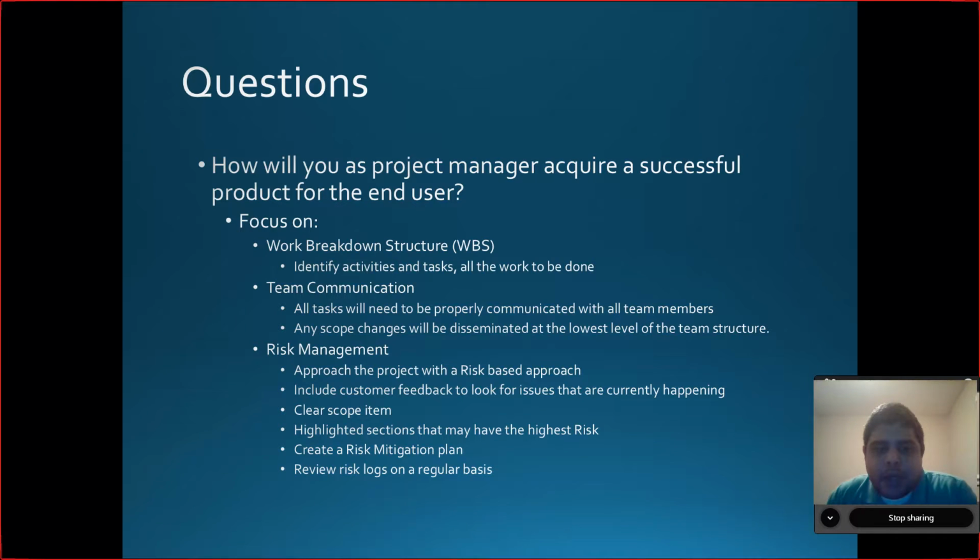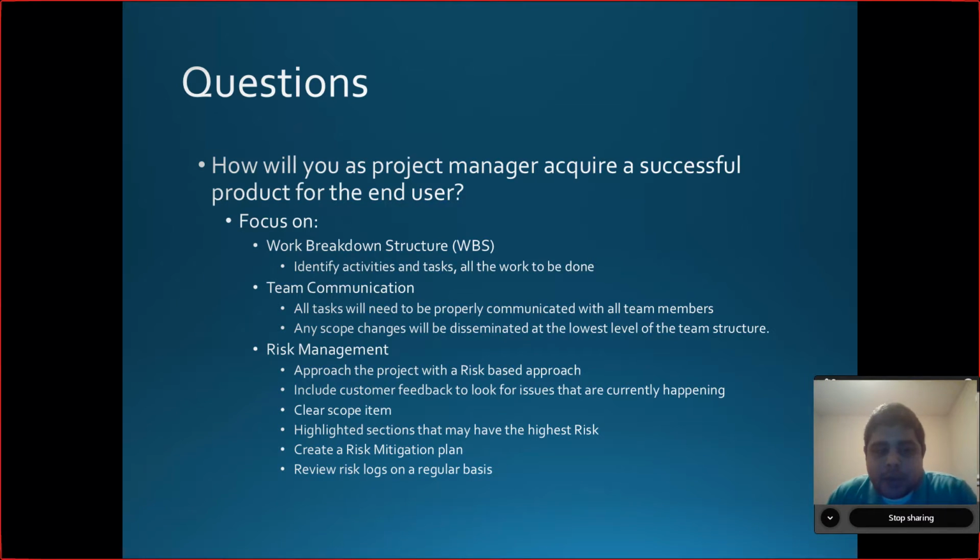Take a risk-based approach with risk management to ensure that all appropriate risks are mitigated before the end users receive the application or software. Parts of risk management also include customer feedback and looking for issues that are already happening in the production environment.